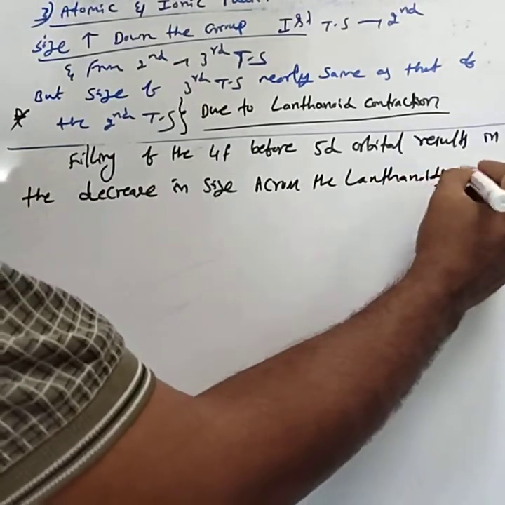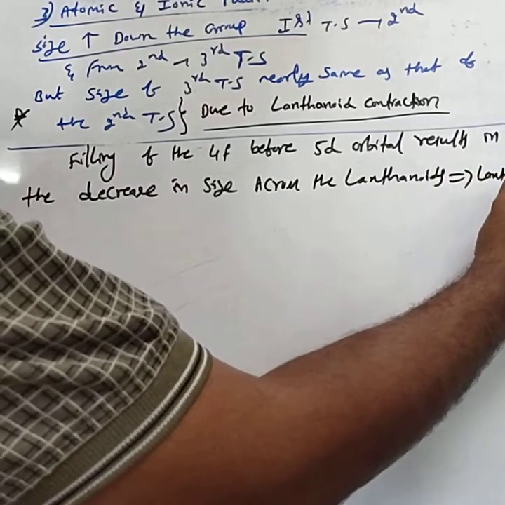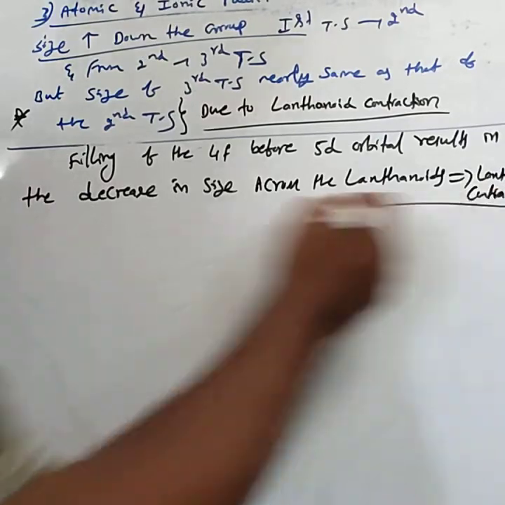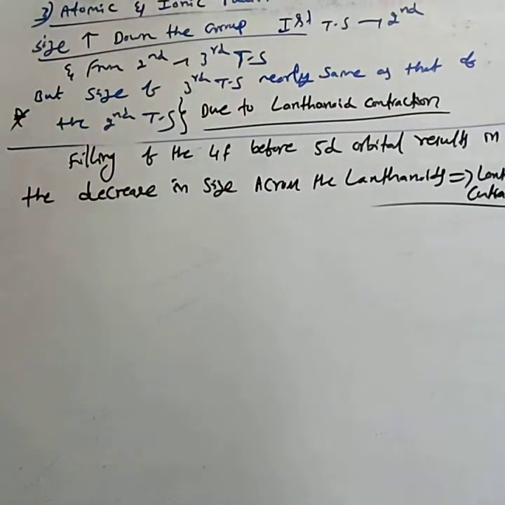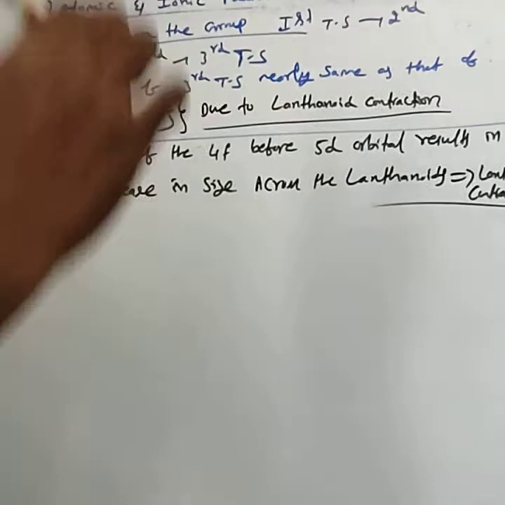This is commonly called the lanthanide contraction. Lanthanide contraction means filling of the 4f before 5d results in a decrease in size across the lanthanides.